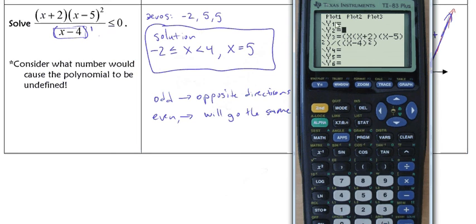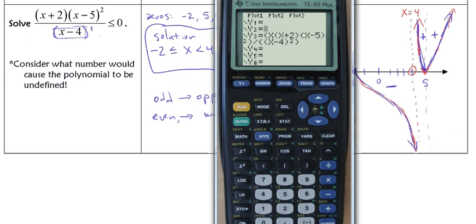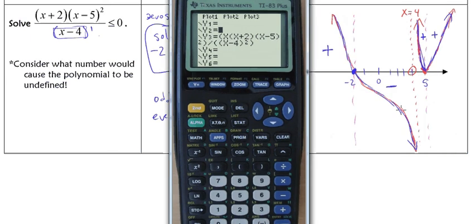So two things will be happening as we graph this. First, we're going to have another root at x equals 0. But more importantly, check out what happens with the asymptote. Before, on the negative side of 4, it was heading to negative infinity, and on the positive side of 4, it was heading to positive infinity.